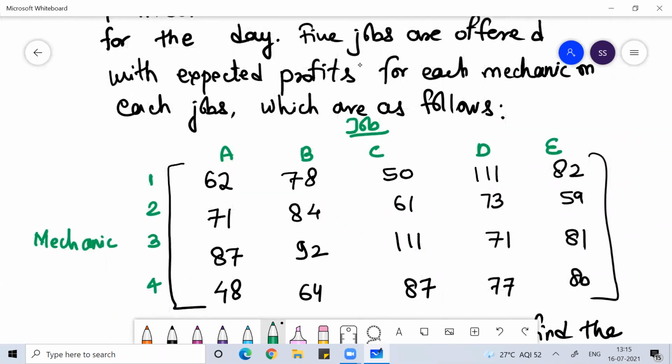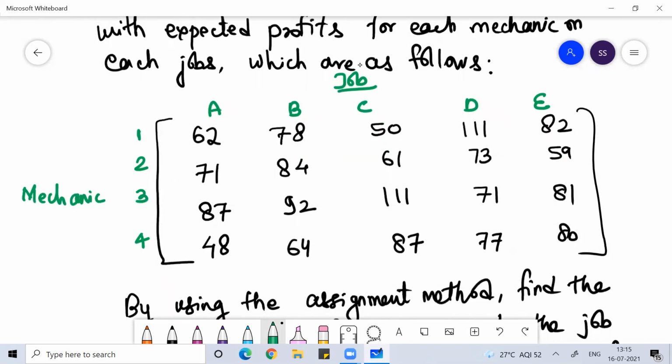Normally, when solving by the Hungarian approach, the matrix should be a square matrix. In this problem it has five columns but only four rows. So to make it a square matrix, we'll add a dummy row.